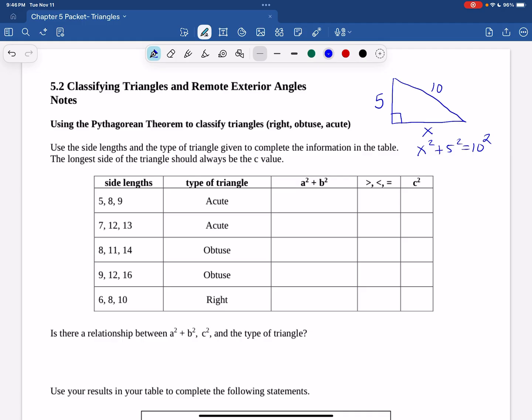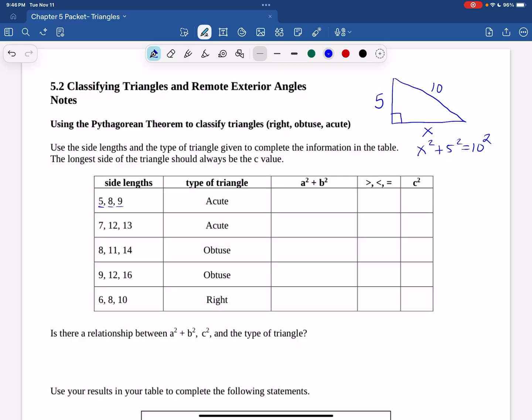But today we're going to take 3 sides of a triangle, and we know all 3 sides, but we're going to classify that triangle as an acute triangle, an obtuse triangle, or a right triangle.